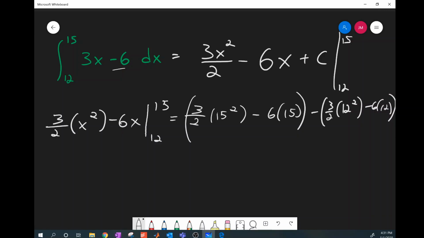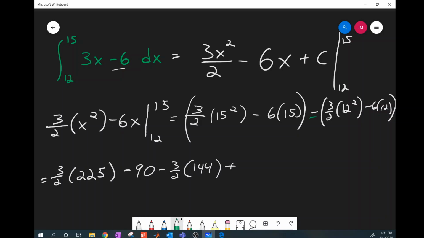I'm going to take my time with this algebra and work it out piece by piece. So that's going to be 3 halves of 225 minus 6 times 15 is 90 minus, now remember we're going to have a minus, so eventually we're going to have to distribute. So it's going to be minus 3 halves times 144. So this is where that minus and minus came in, minus a minus.